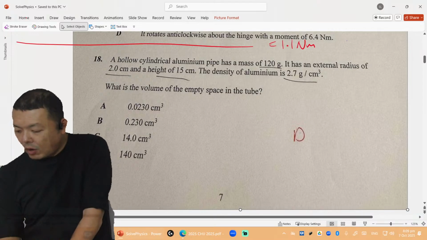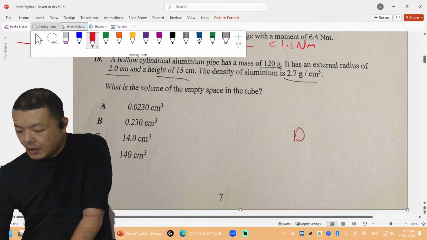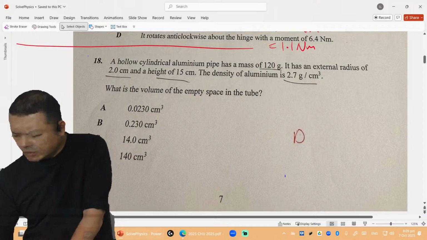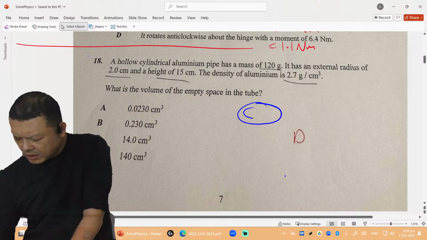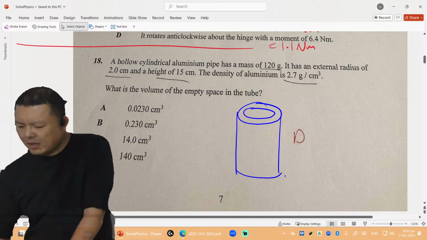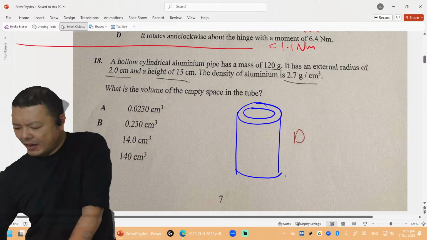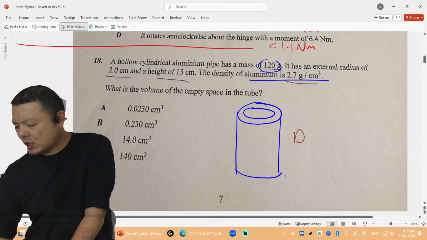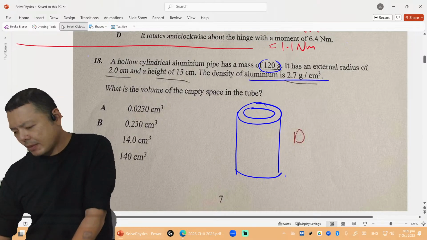So it says that it's a hollow cylindrical pipe. There's an inner radius and there's an outer radius. And the mass is 120 grams. Okay. So they tell you that aluminum is supposed to be 2.7 gram per cm cube.